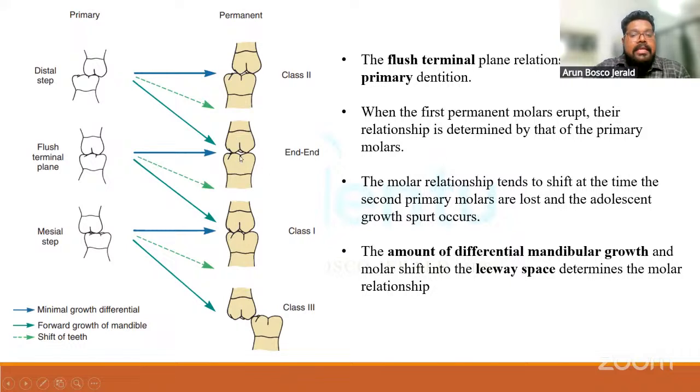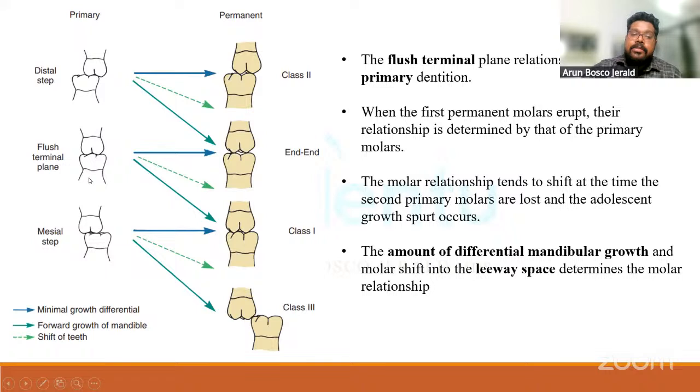Later, by utilization of the leeway space of Nance, gained by the loss of deciduous molars, the lower and upper molars migrate mesially. The leeway space is more in the lower arch, so compared to the upper permanent first molars, the lower permanent molars move mesially more. Because of this forward shift of teeth, it can shift to a class 1 molar relationship. Along with this, the forward growth of the mandible also aids in obtaining a class 1 molar relationship.